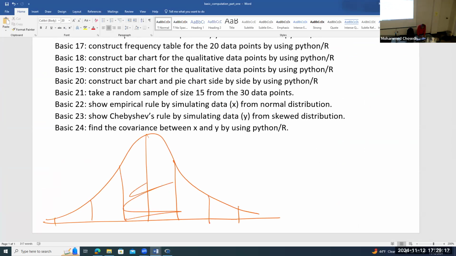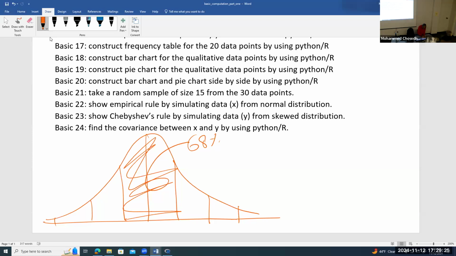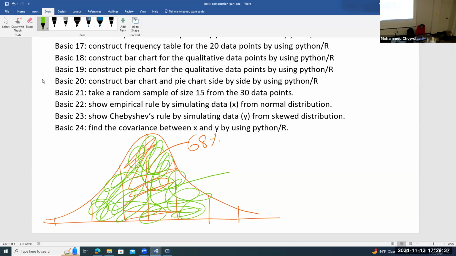This is within 1 standard deviation from the mean, which is equal to 68%, right? And that one is 2 standard deviations, which is equal to 95%. Okay?